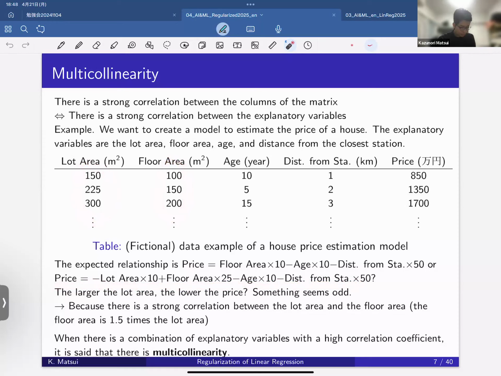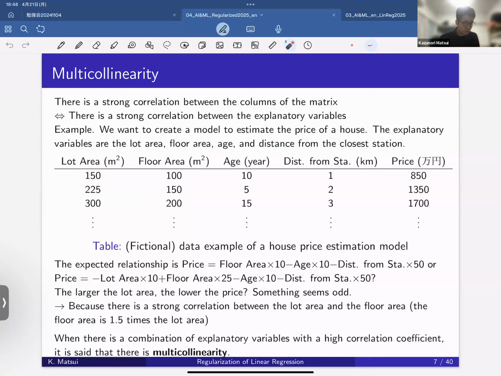Specifically, the floor area is 1.5 times the lot area. Anyway, this kind of strong correlation between explanatory variables is common.